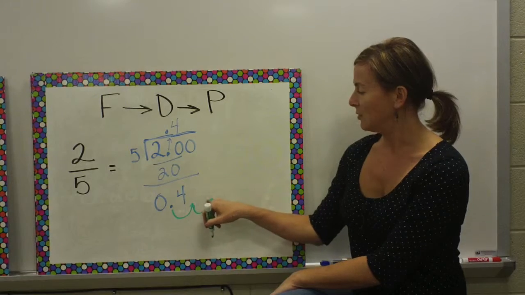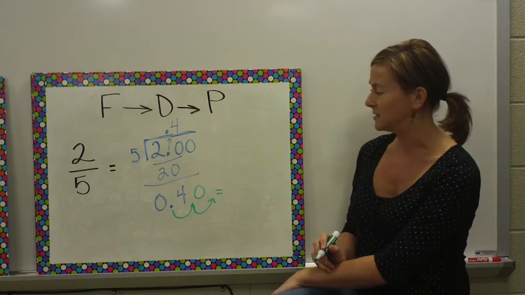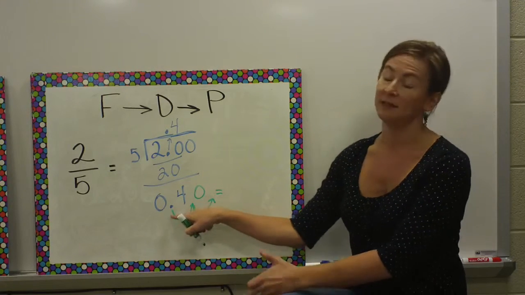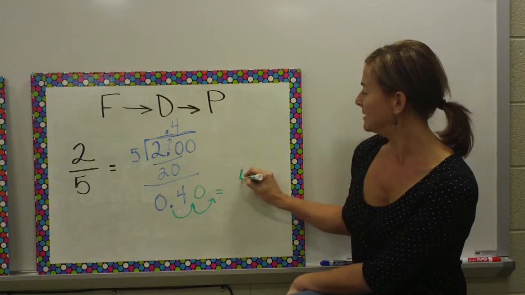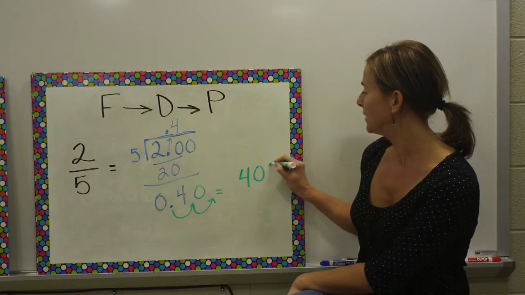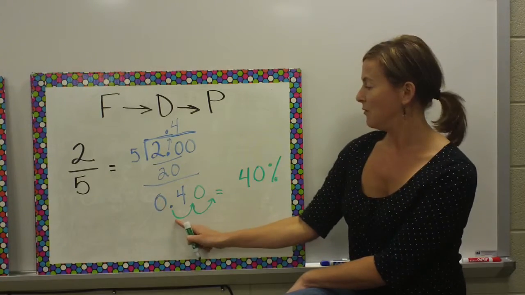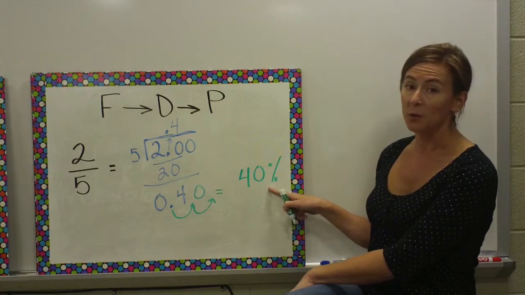If I move it back here, I need to annex a 0 or add a 0 to the end. So 0.4 is the same as 0.40, but as a percent, it would be 40%. 2/5, 4/10 or 40/100 is the same as 40%.